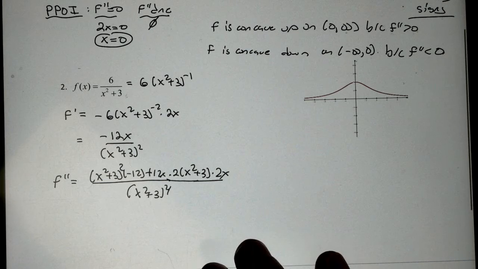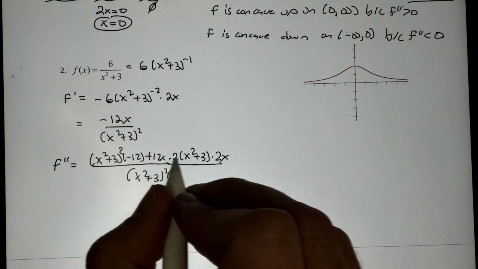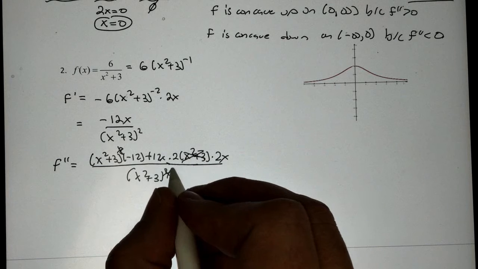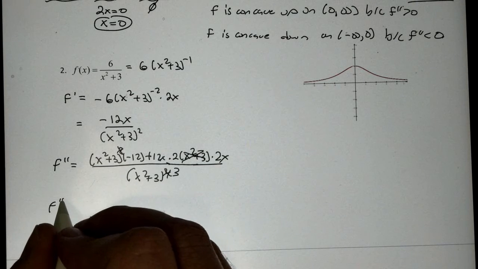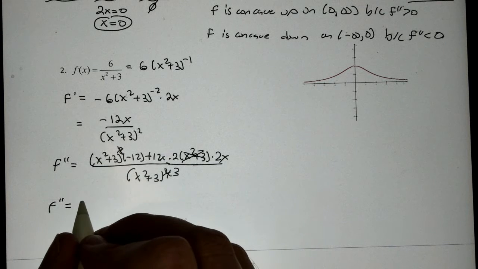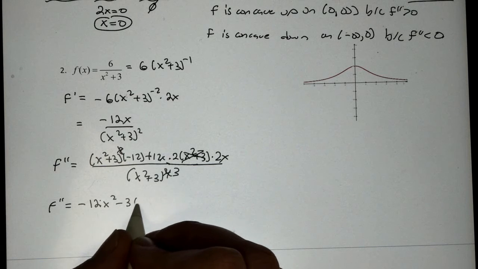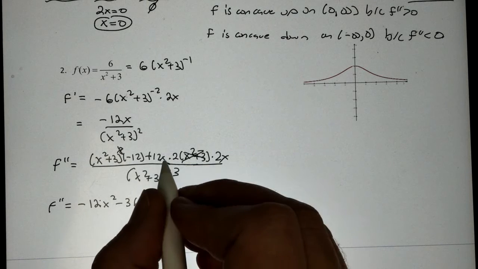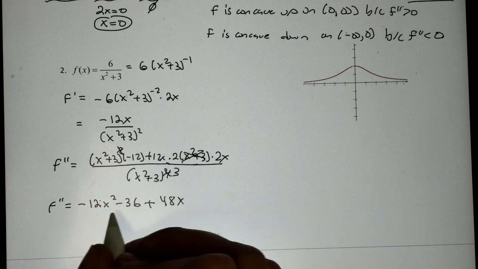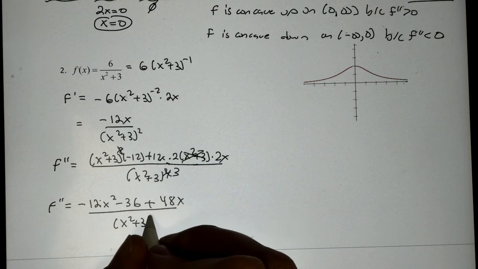Now this is pretty ugly, but you're going to notice things are going to clean up really nicely. For example, I can factor out and divide an x squared plus 3. So that goes away. That's completely gone, and that becomes a 3 right there. And so my second derivative will become, if I distribute here, negative 12x squared minus 36 plus over here 2 times 2 is 4 times 12 is 48x squared, all over (x squared plus 3) cubed.